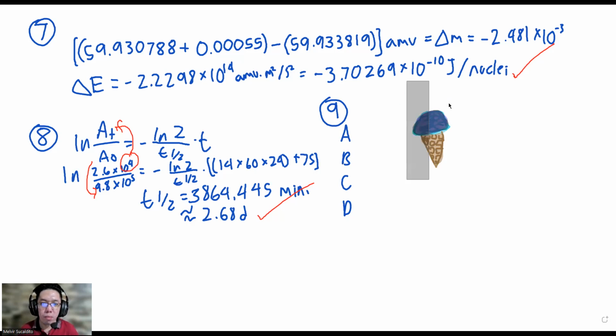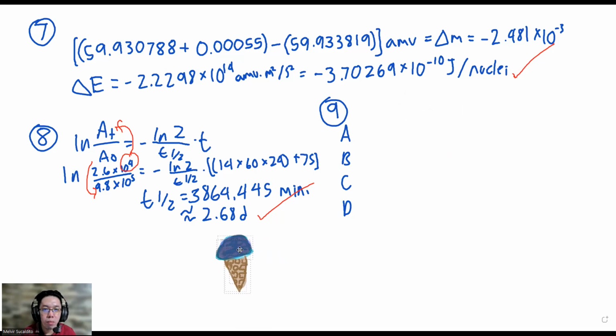I will need to move you eventually. Yes, okay. One more. Thirty. 30 days.